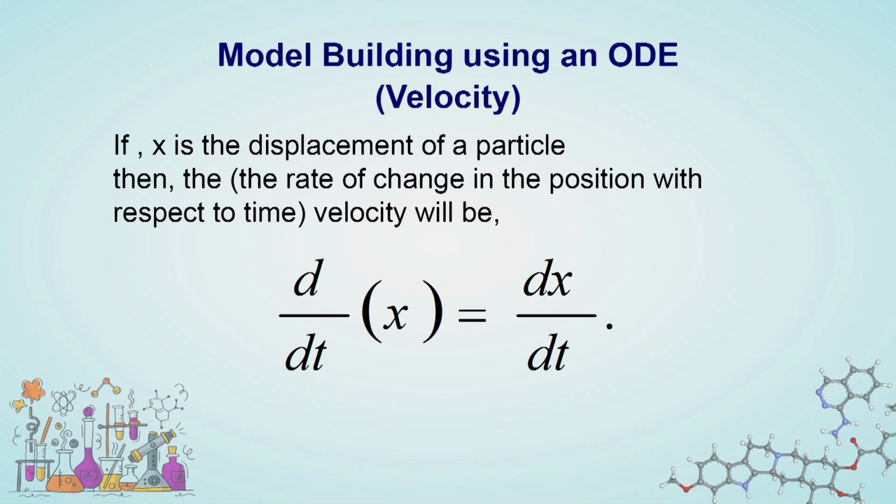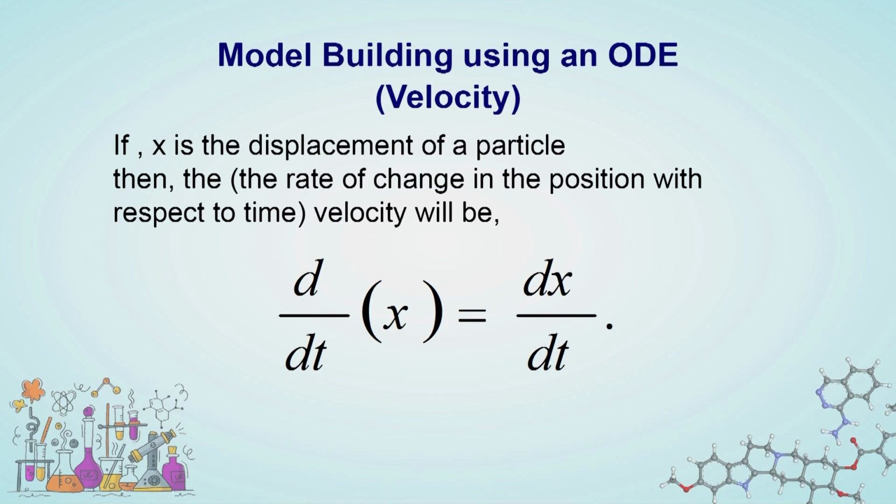Definitely we are observing here the position of x, or in mathematical terminology, what will be the change in position of x with respect to time t, because at a particular time the position of x is something, but after t plus 1 or t plus 2 or after a certain different time we have a different position of x.